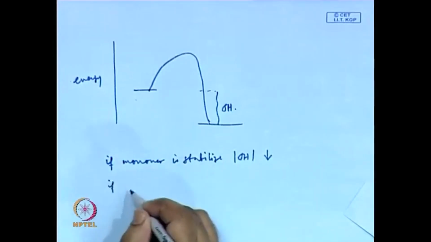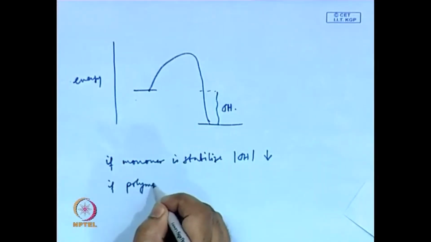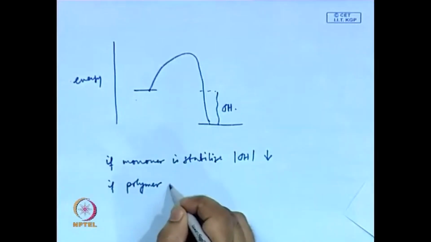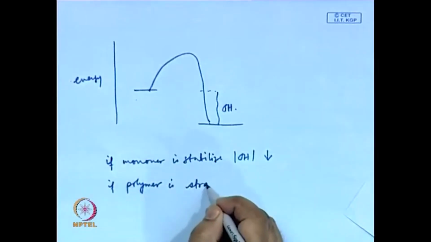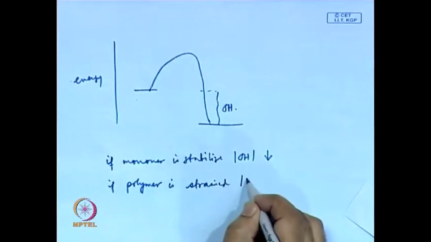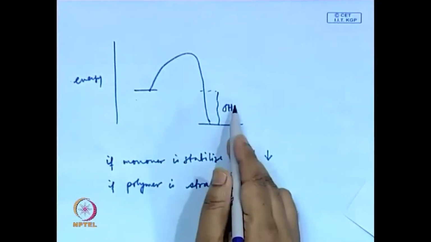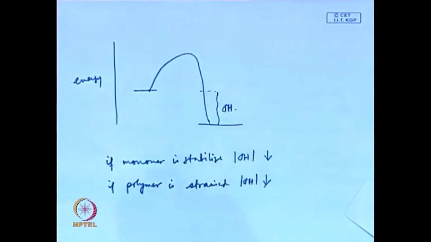And if the polymer is strained, then also the polymer energy goes up and delta H comes down. So, that will depend on the structure of the monomers, and we will talk about that more in the next lecture.